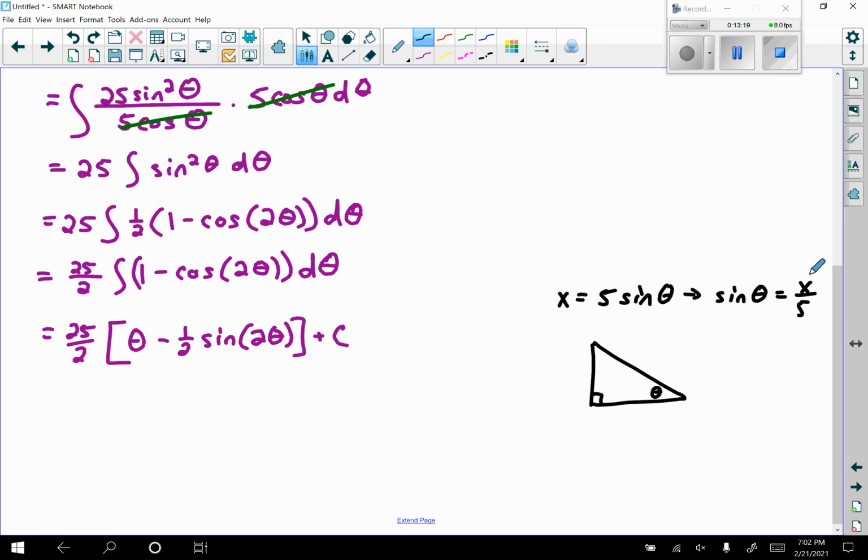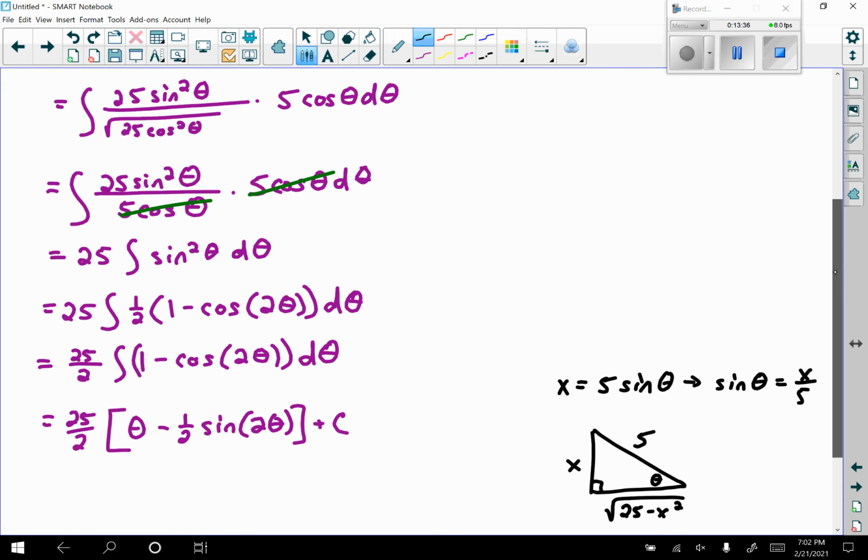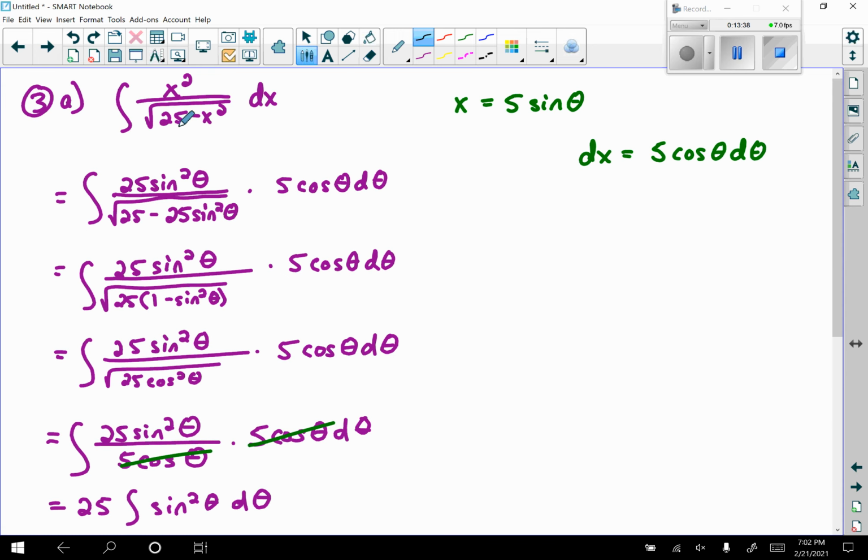So that's opposite over hypotenuse, which means the adjacent side here is going to be the square root of 5 squared minus x squared, so 25 minus x squared. Now remember, you know you're doing that right because that should match what's under the radical at the very beginning.